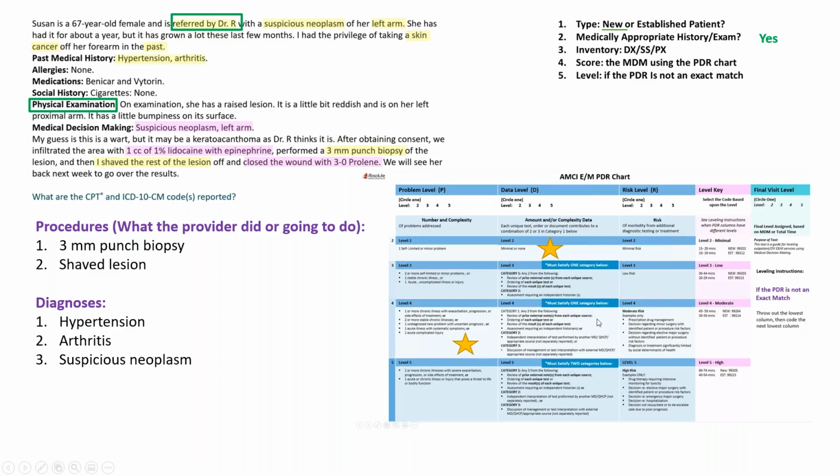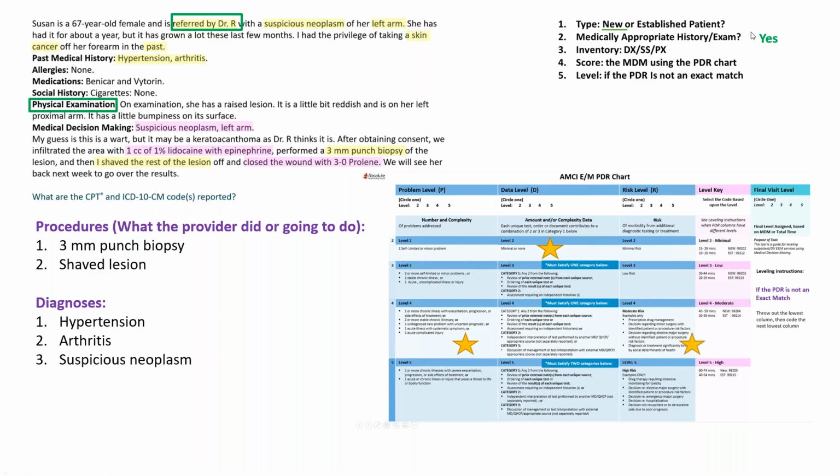You know why? Because if you look at this bullet point, excuse me, the second bullet point, there was a decision regarding minor surgery, right? This patient had minor surgery, right? Yeah, he did a punch biopsy and shaved the lesion. So surgery took place. It was minor. So indeed, this is a level 4.